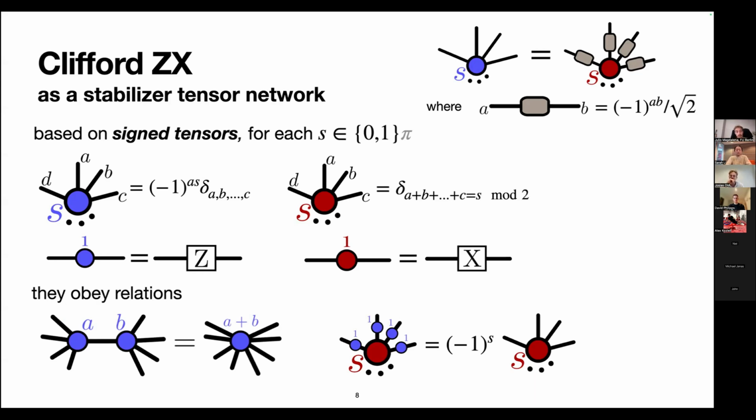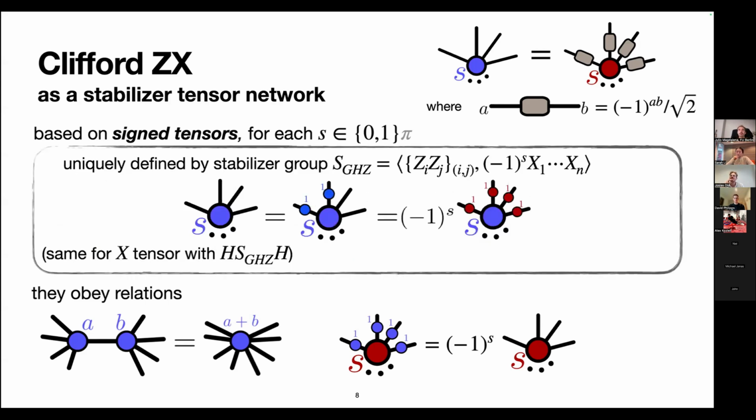And there are some other rules that I don't want to go into, like what the complete set of rules is, but I want to highlight one relation, namely that for the red tensor, you can apply a collection of Z matrices, signed tensors of another color, to every leg, and these can be absorbed into the tensor. So you might already see a similarity with the stabilizers I showed earlier. And depending on S, you might acquire a phase or not.